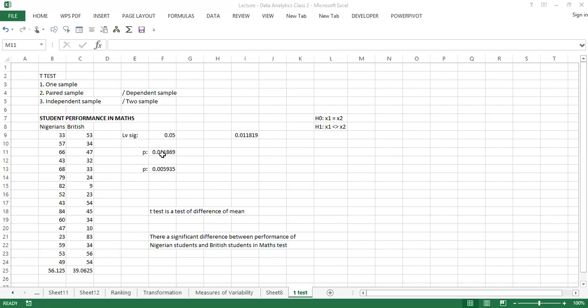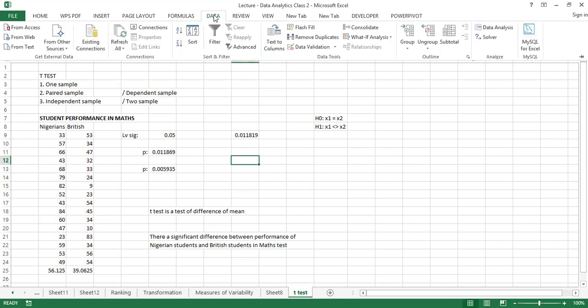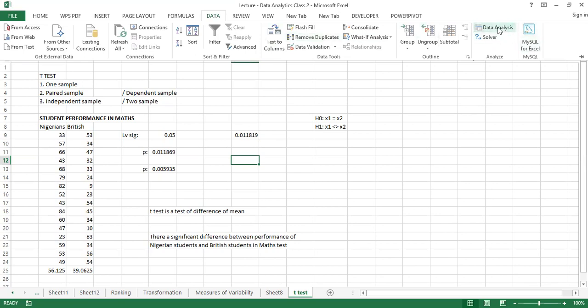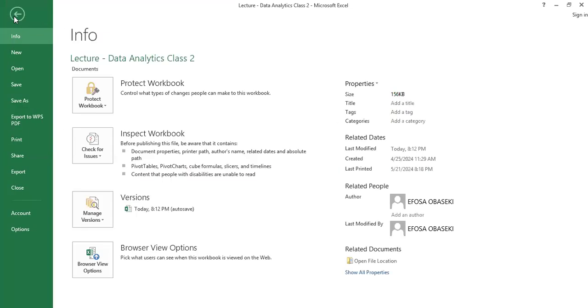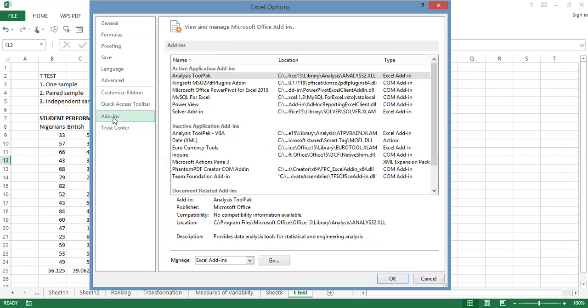So I was saying that instead of using the t.test function like this, a better way of doing this is to utilize the data analysis tool, right? You click your data tab, open up your data tab, you see the data analysis. Or if it's not there, which means it is yet to be activated. So you click on your file menu, click on options, click on add-ins.